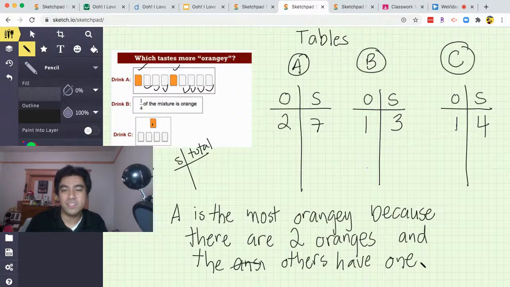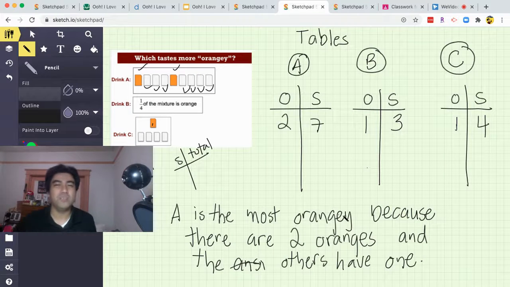What if we said that? Would we be correct? So let me read this again. Drink A is the most orangey because there are 2 oranges and the other drinks have just 1 orange.